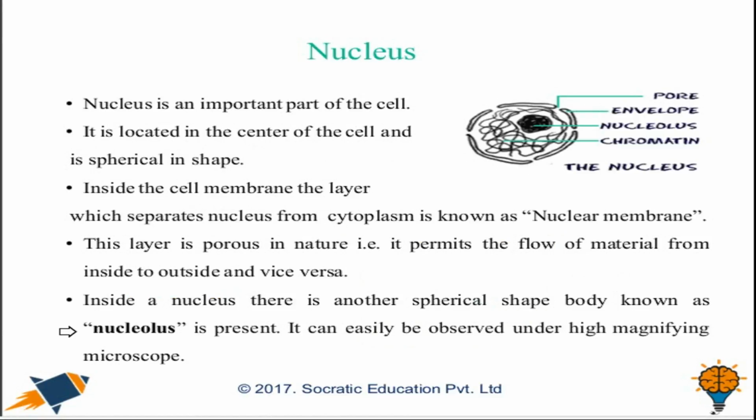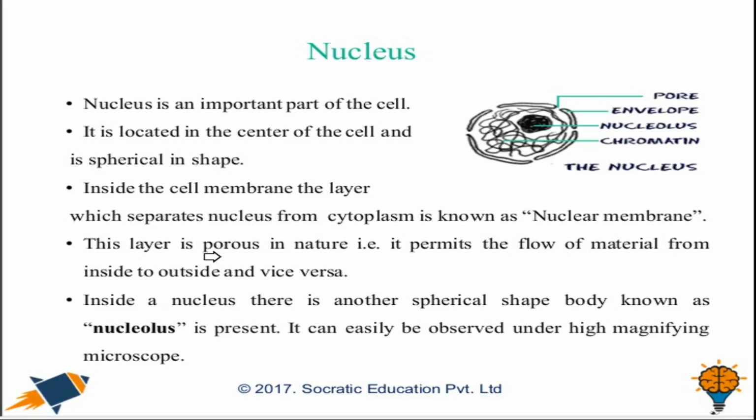This slide talks about the nucleus, which is present in the center of a cell. Here we have a picture of a nucleus with different parts. It is a really important part of a cell, and it resides inside the cell membrane. The layer which separates the nucleus from the cytoplasm is known as the nuclear membrane.